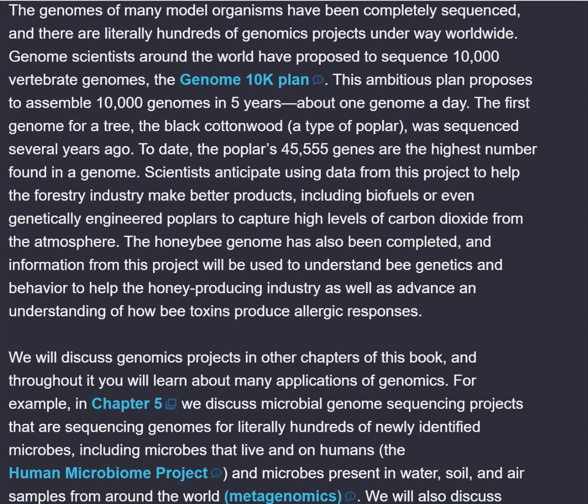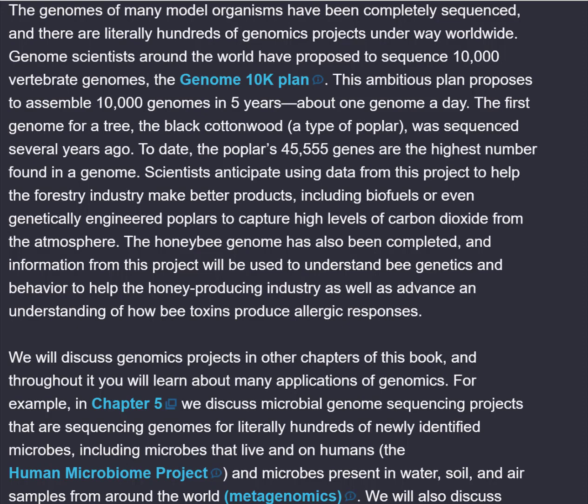The genomes of many model organisms have been completely sequenced, and there are literally hundreds of genomics projects underway worldwide. Genome scientists around the world have proposed to sequence 10,000 vertebrate genomes, the Genome 10K plan. This ambitious plan proposes to assemble 10,000 genomes in 5 years, about one genome a day.